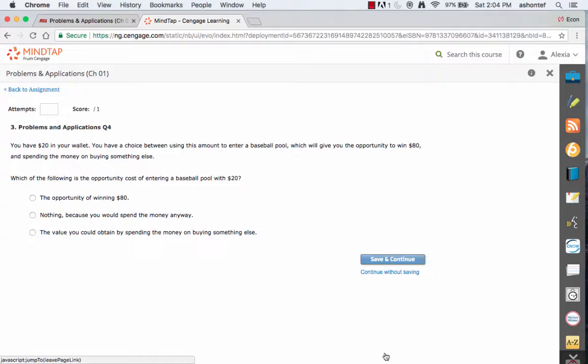So the question then says, which of the following is the opportunity cost of entering a baseball pool with the $20? So the question is asking, opportunity cost is what is it that you're actually giving up? So as far as what you're actually giving up with the $20, it would be what you would actually be able to do with the $20.